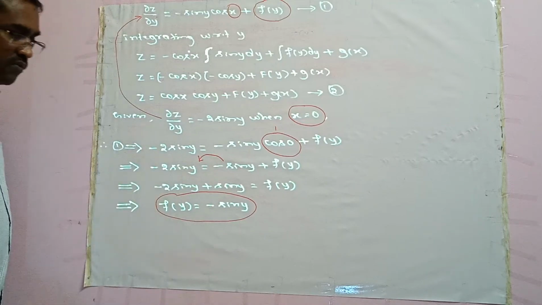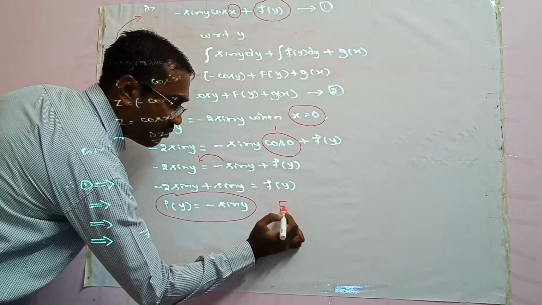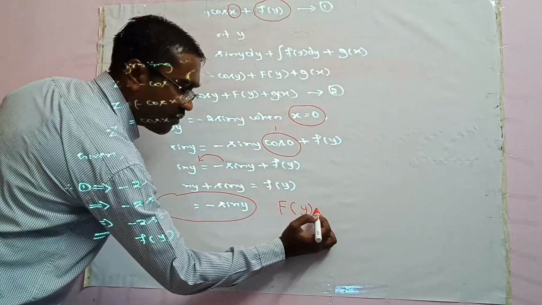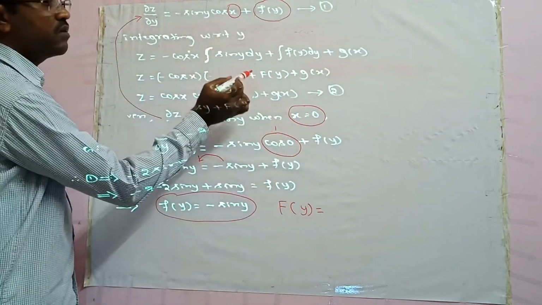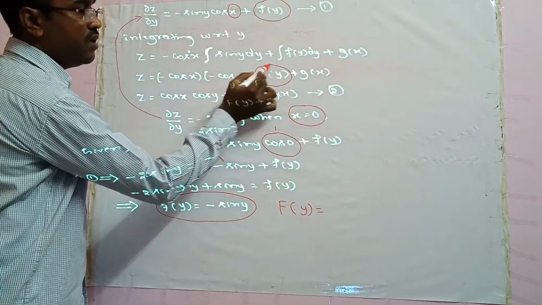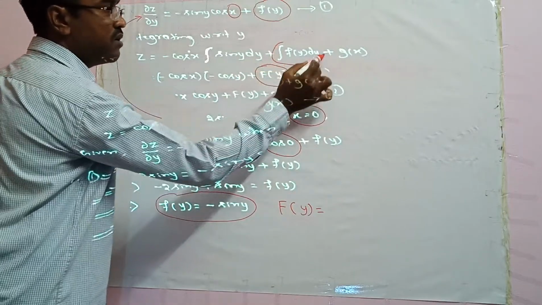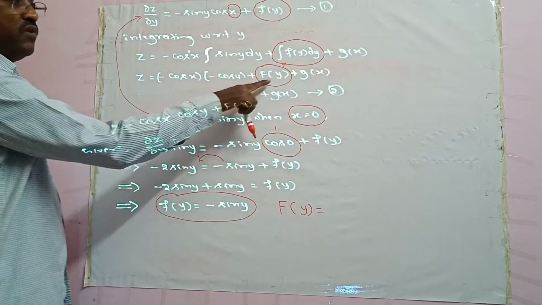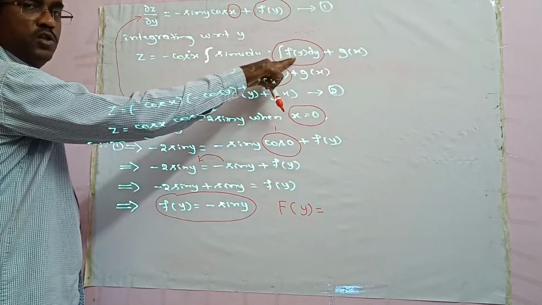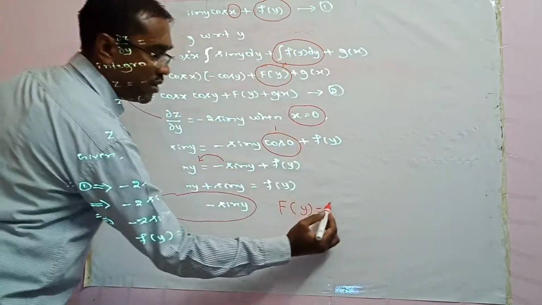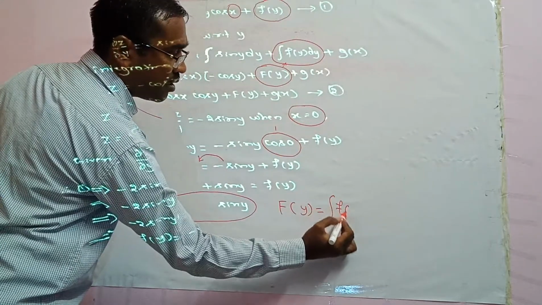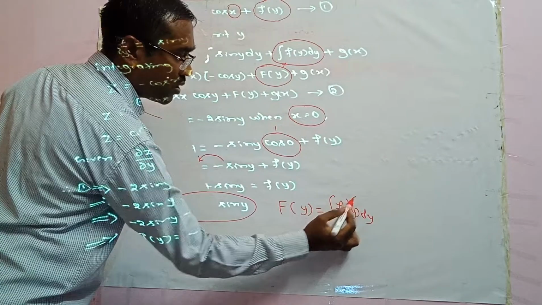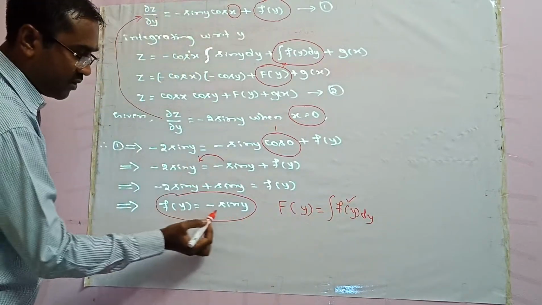But we want capital F of y. Capital F of y is nothing but the integral of small f of y dy. Anyhow, we know what small f of y is.